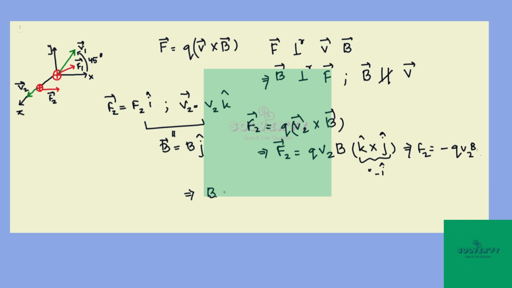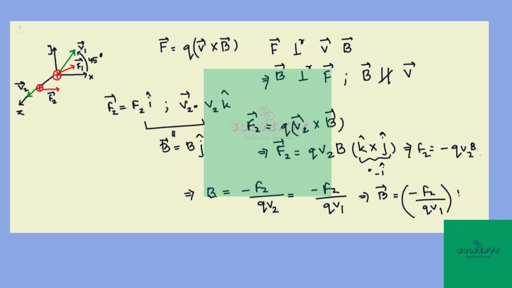So the magnetic field equals negative F2 over the charge times the velocity, which is negative F2 over the charge times V1, because V2 is equal to V1. And so we can write the vector B as negative F2 over Q V1 in the direction j cap.